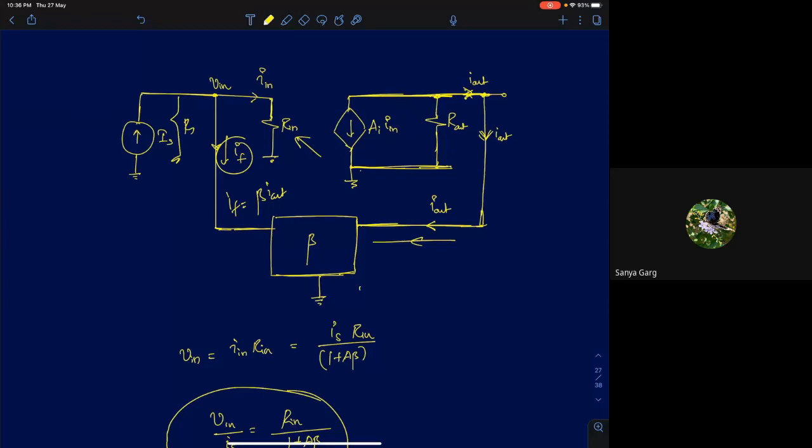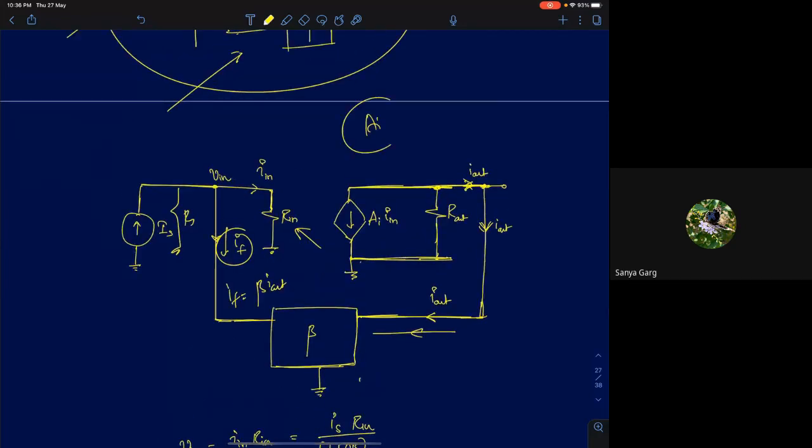Now, what are the units of AI? AI is your current gain. It's actually a dimensionless quantity, ampere per ampere. In case of a voltage amplifier, what will be the dimensions of A, the transfer function? That's volt per volt, again dimensionless. What is the unit for beta in a voltage amplifier?